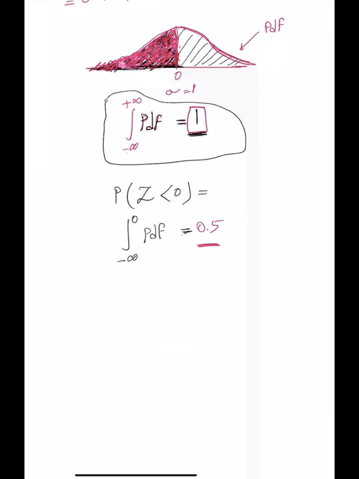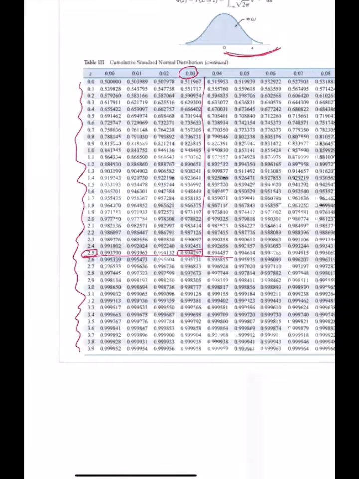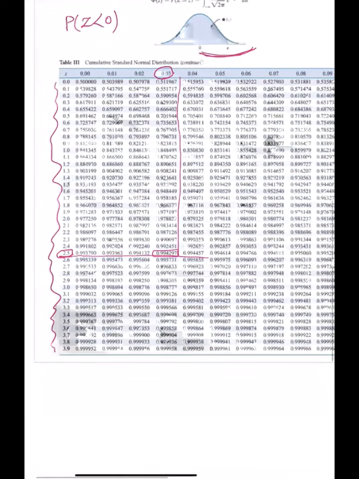Okay. So, however, you could also find that by just looking at the table as well. If I want to find the probability of Z less than 0 on the table, where should I look? The lowercase z that I have to find in the table is 0. So on the column Z, this is the 0 value.